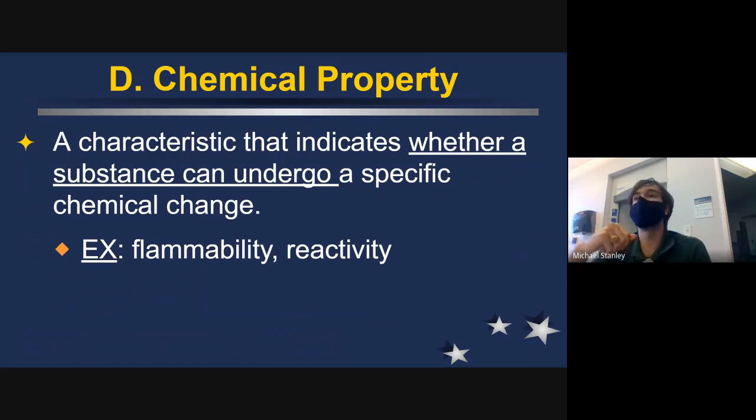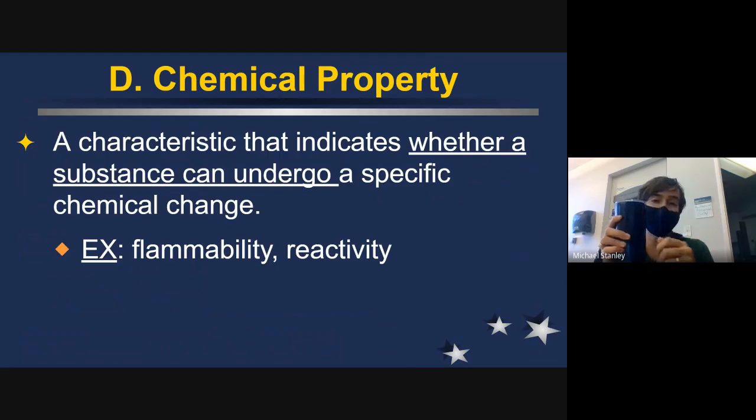So, for example, things like wood and gasoline and propane, their main chemical property is that they are very flammable. Very easy to light those things on fire. On the flip side, my metal cup right here is very non-flammable.